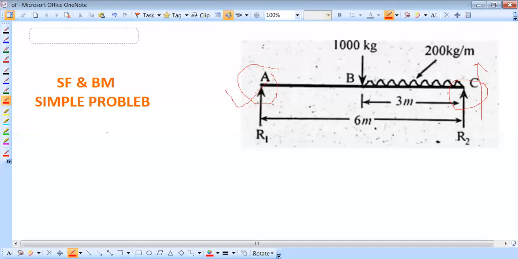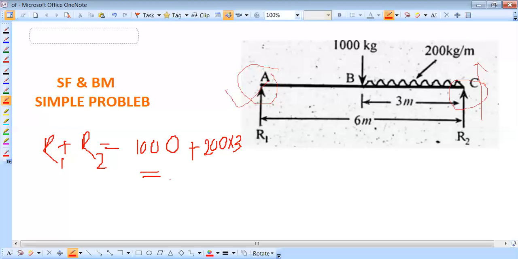Then we can easily write R1 plus R2 is equal to 1000 kg plus 200 kg per meter into a total of 3 meters. This is equal to 1600. That is equation number 1.